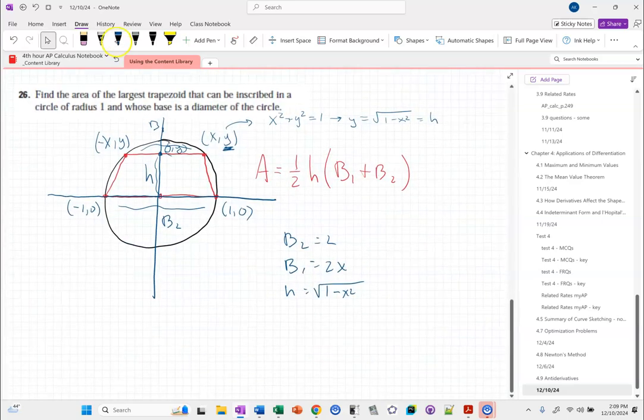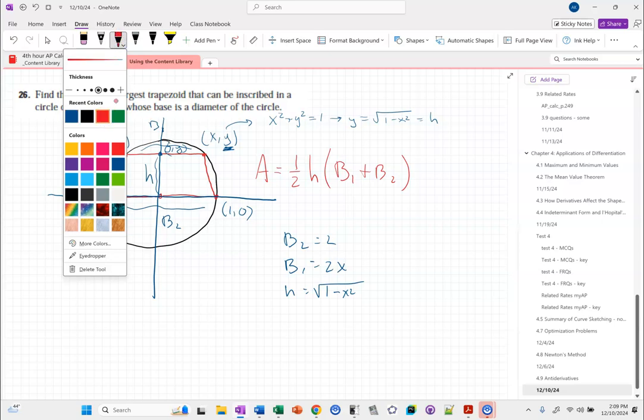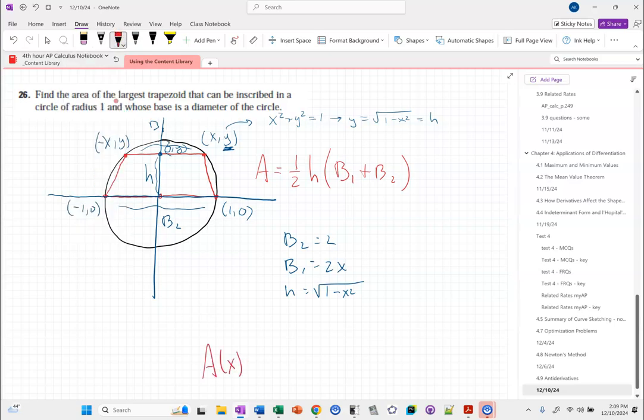And now I think I have everything I need. So I have this in terms of x. Oops, I guess I put it the other way. Is that what they did?